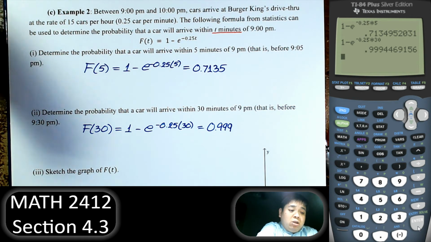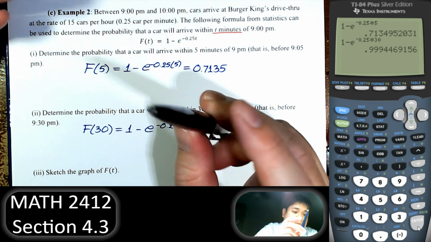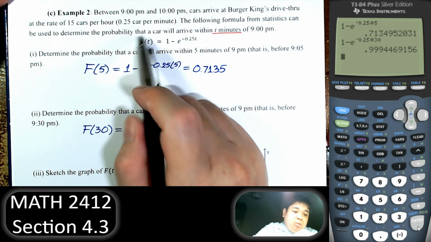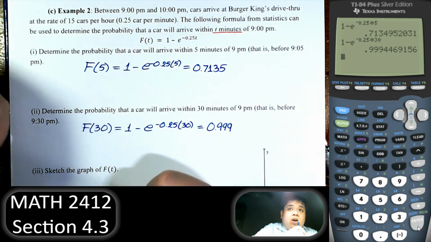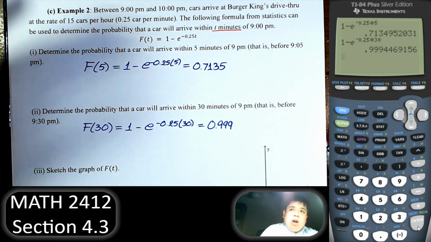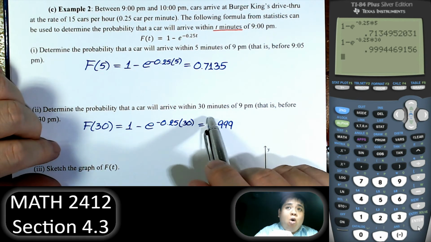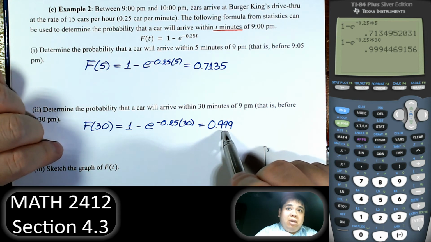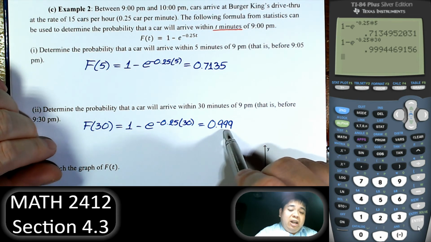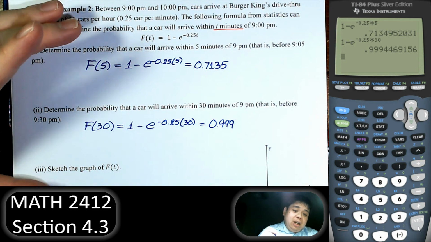Right, so we're talking about the car at the drive-thru. And we know that typically in an hour between 9 and 10, we have 15 cars. This probability means that within the first half hour, it is almost certain, because that is close to 1, right? 99.9%, which is almost 100%.